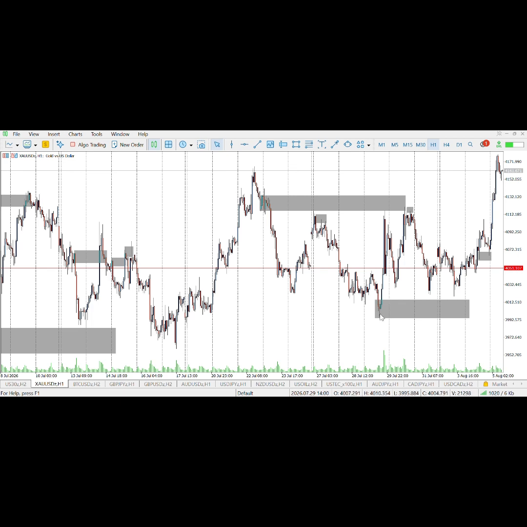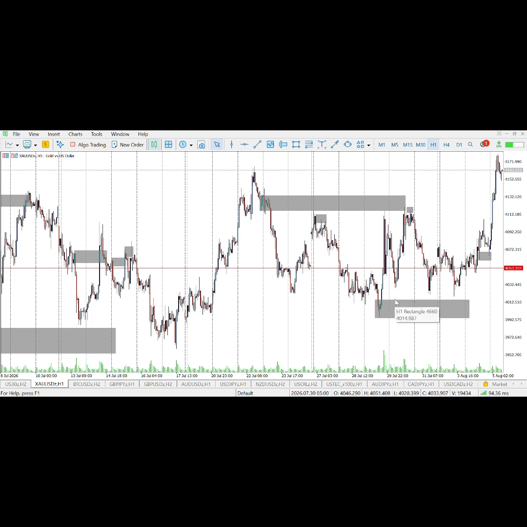This zone here, what makes this zone fresh? Because it hasn't been tested before. This is the fresh reversal that is coming to that zone.